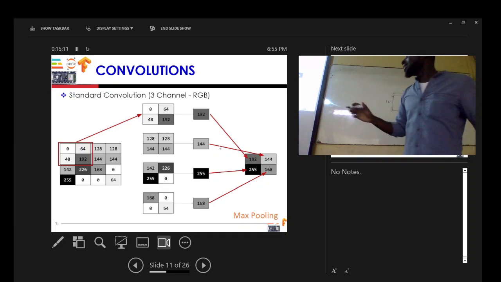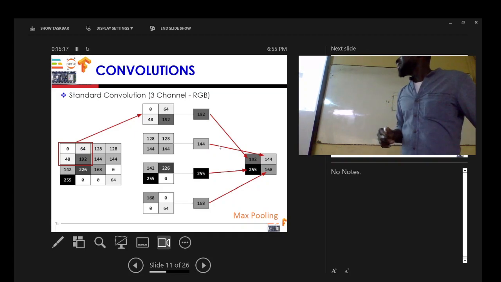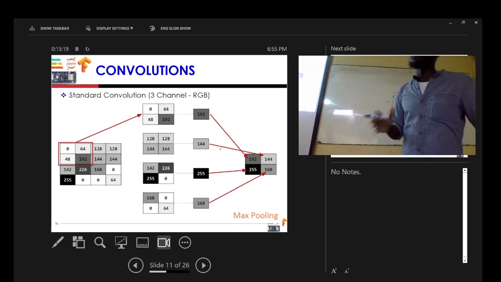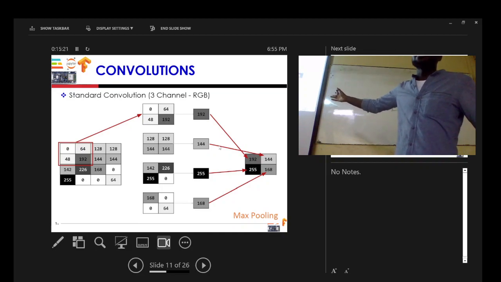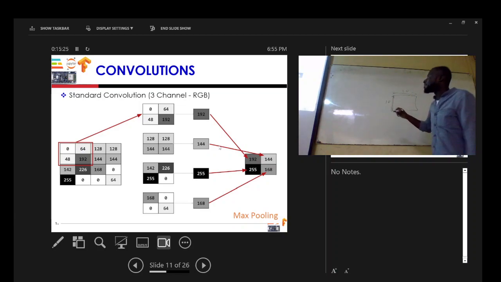So what you do is use what is known as pooling in machine learning. We have different types of pooling. We have one called max pooling, right? What max pooling does is reduce the image dimensions.